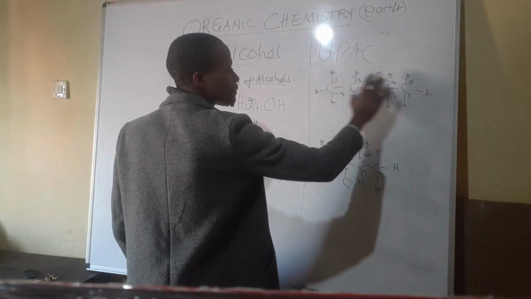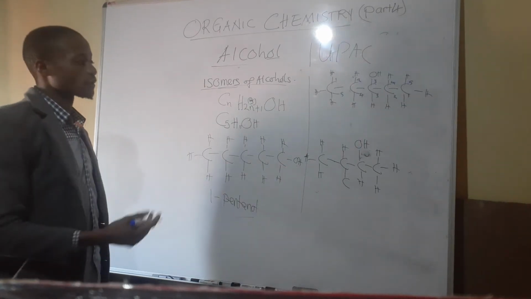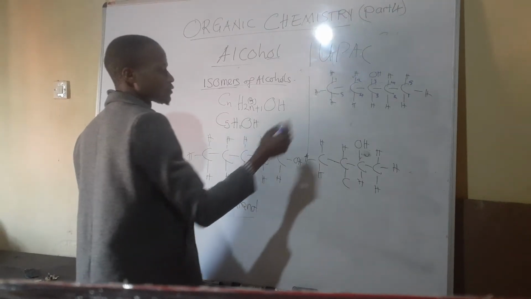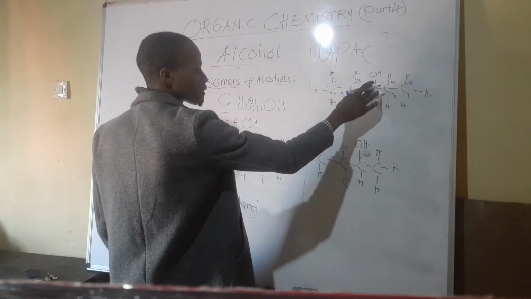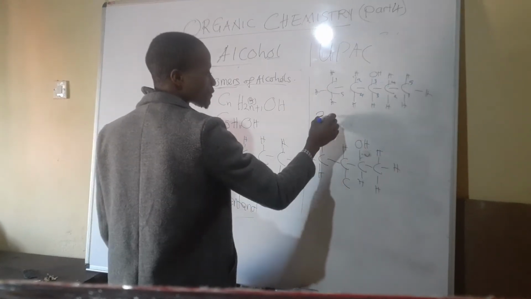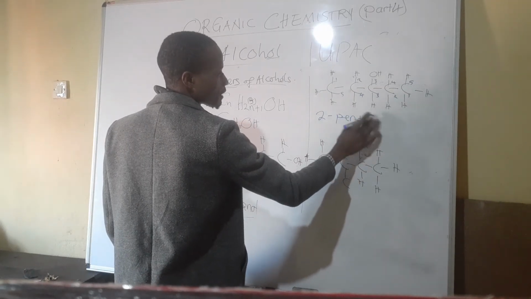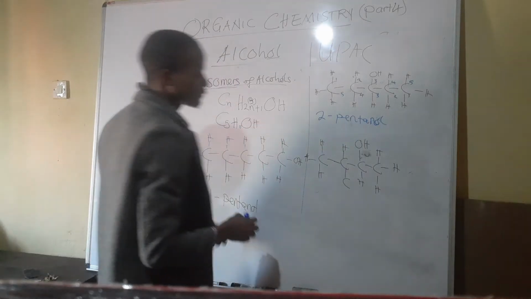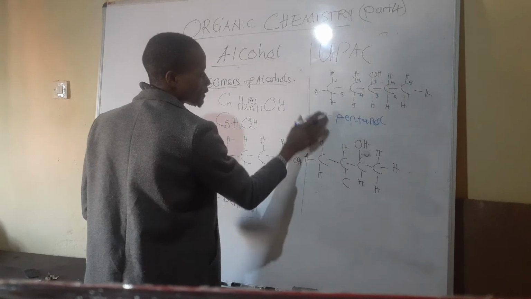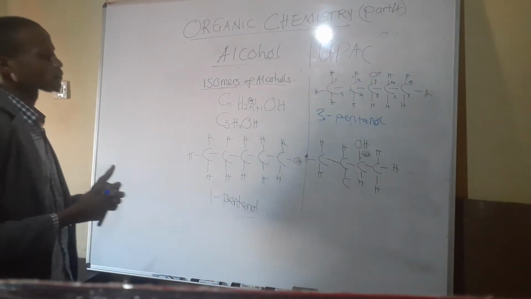Either side, the position of the alcohol is at carbon 2, and the longest chain is pentanol. So that is 2-pentanol. The next one is 3-pentanol, because the hydroxyl is at carbon 3.